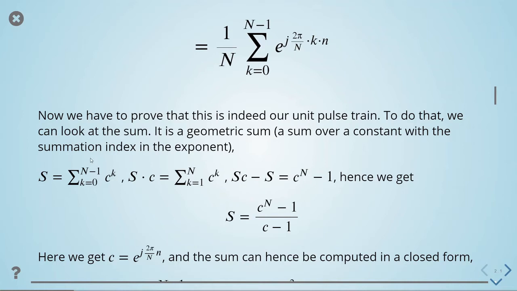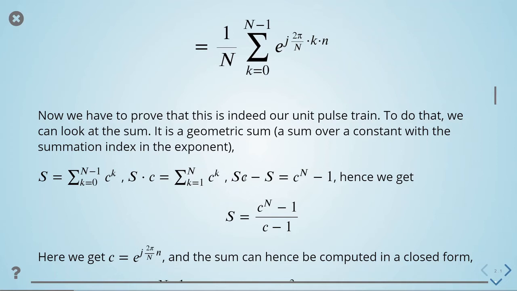The summation from k equals 0 to N minus 1 can simply go from 1 to capital N, and then we have this c multiplying here.